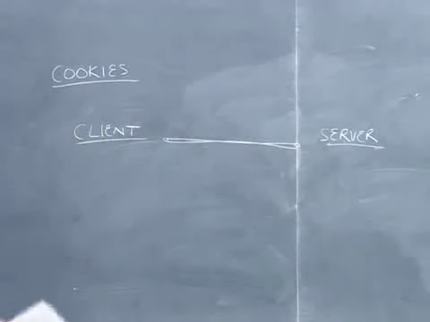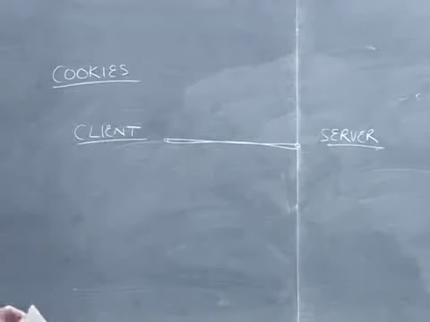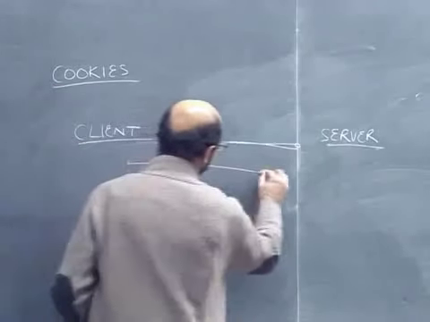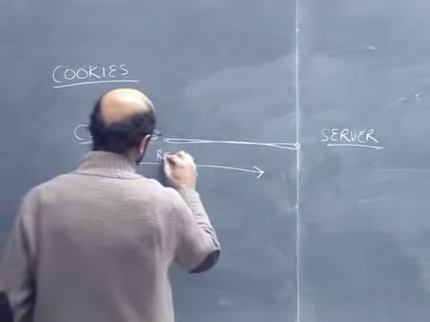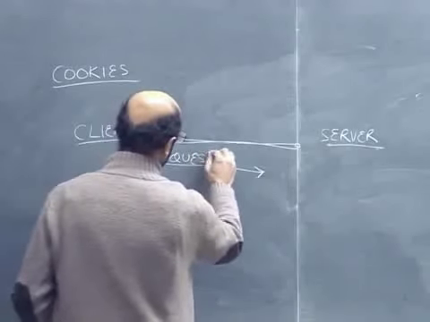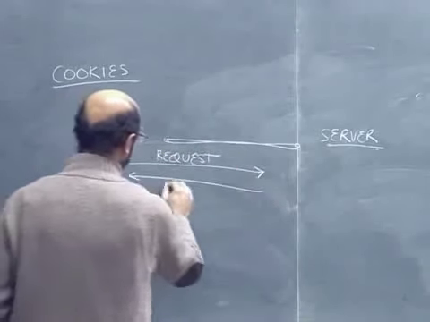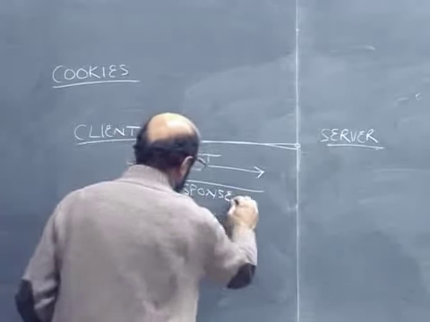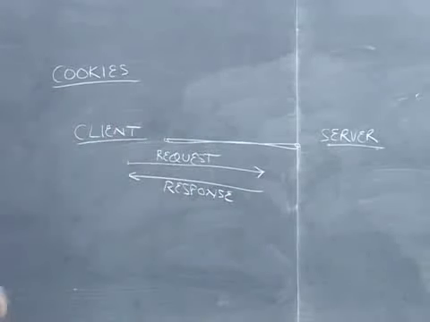It has certain properties in terms of reliability and throughput and delay and cost, which we'll ignore. From our perspective, the client sends a request and gets back a response. That's the heart of the protocol. You send a request, you get a response, send a request, get a response, and so on.